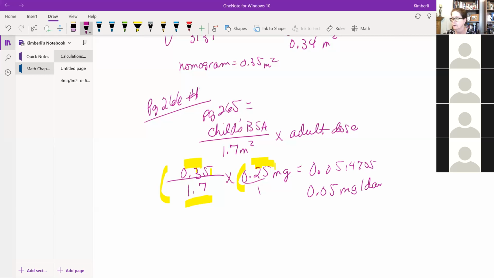Good. Have you ever had a problem that's really long and complicated and you plug all your numbers in and you get to the end of it and you go, wait, what did I just calculate? So Professor, are we not using the meter square, like the formula? Yes, because the 0.35 was the meters square. And we're dividing it by 1.7, which is the normal body surface area in meters squared.